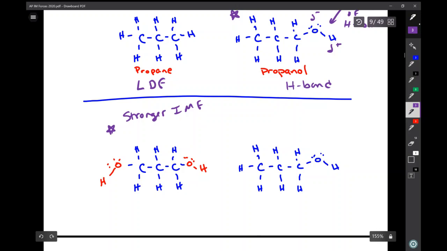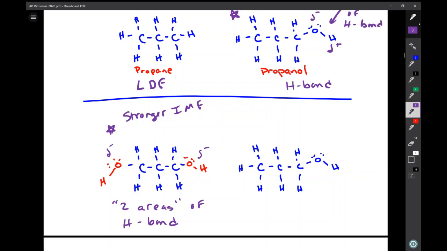And that is because you have, I like to call it, two areas of hydrogen bonding. So you've got your negative area over here and also a negative area over there. Those two negative areas will be attracted to any of the positive hydrogens coming close to them.